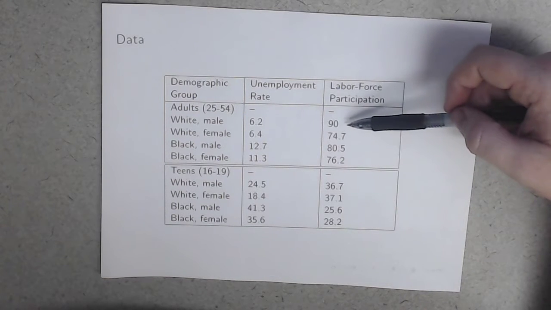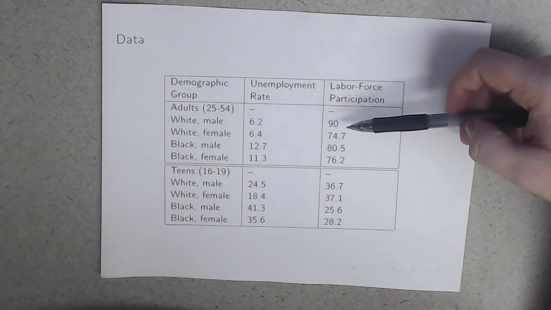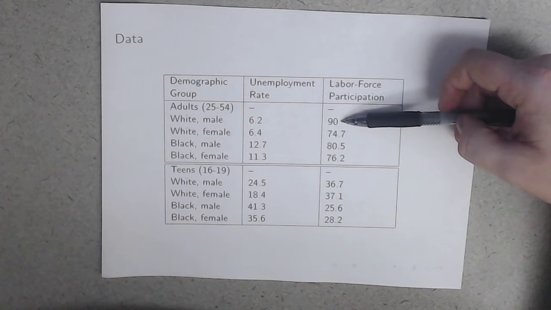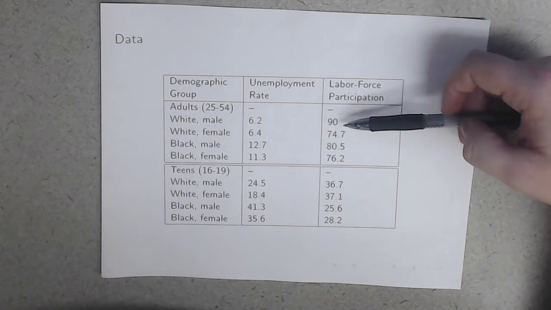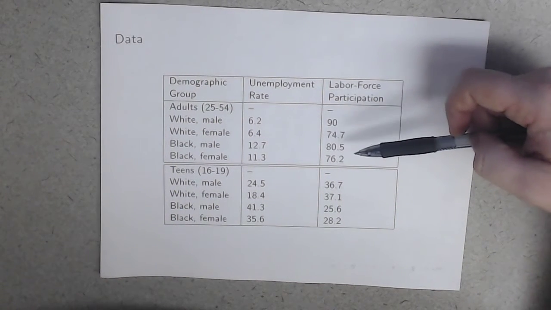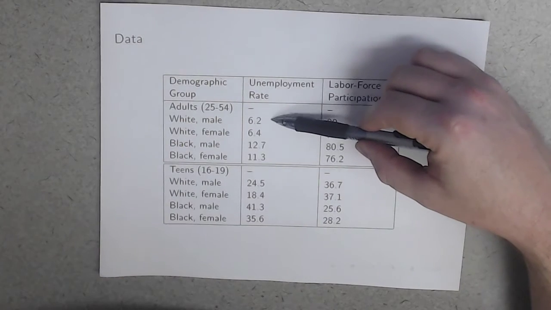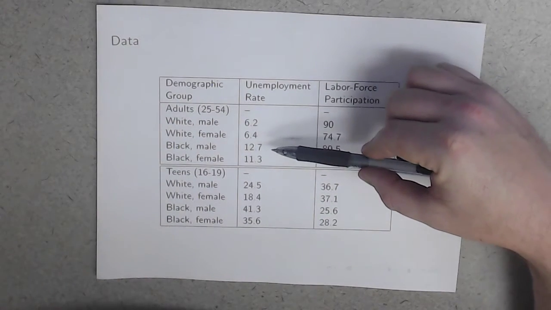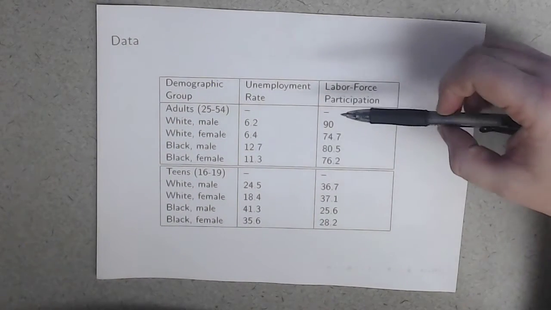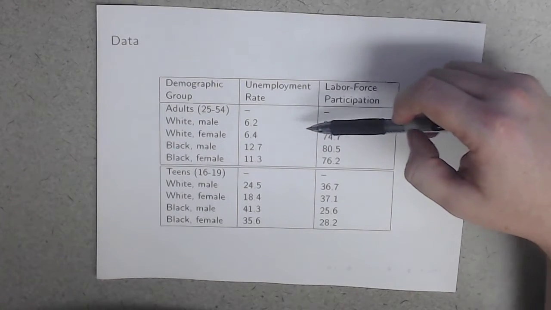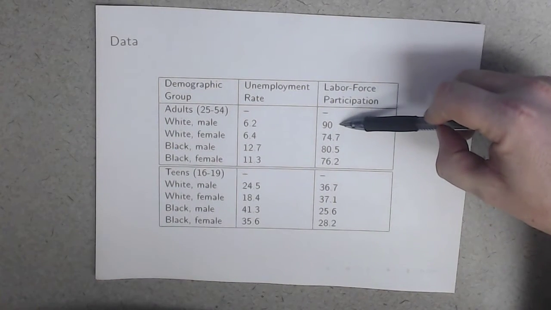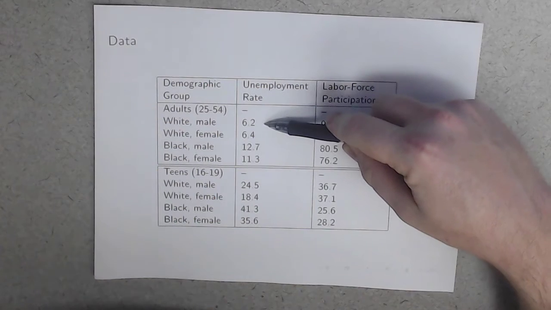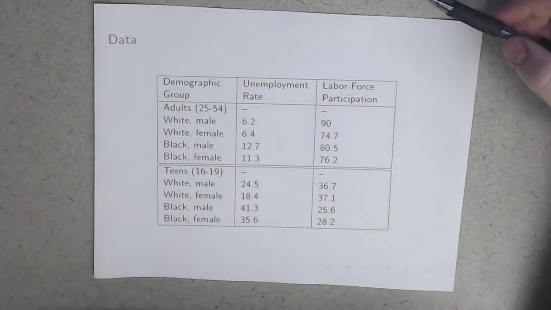But for males, white men participate in the labor force at a much stronger rate than do black men, and white male unemployment is far lower than black male. So what this says is that more white men are participating in the labor force, and they're having an easier time finding jobs than their black counterparts.